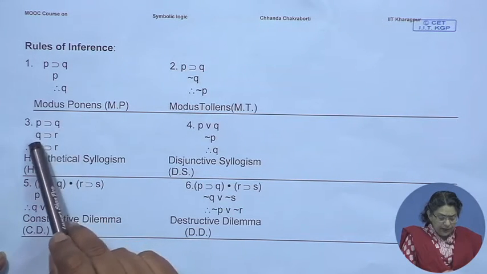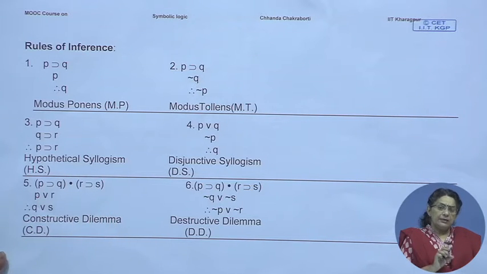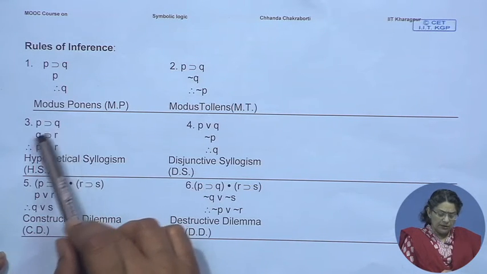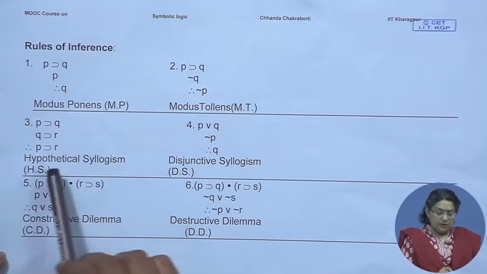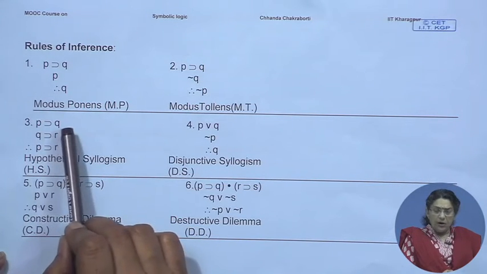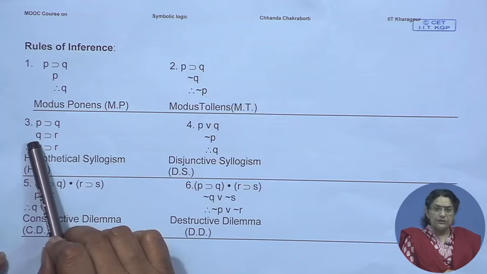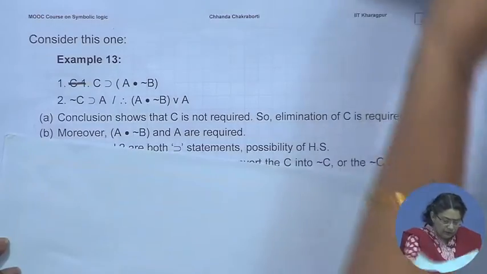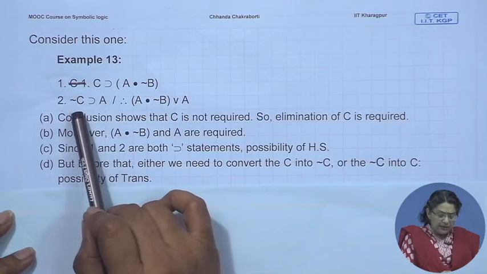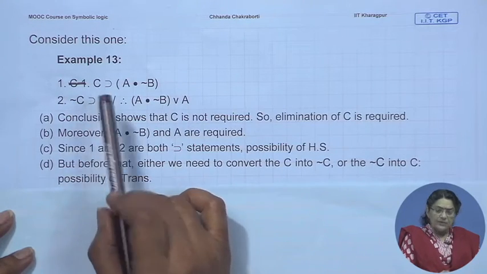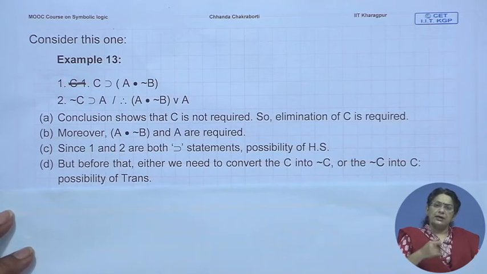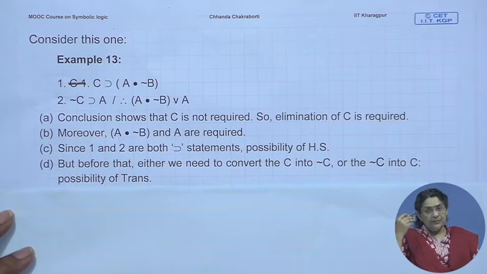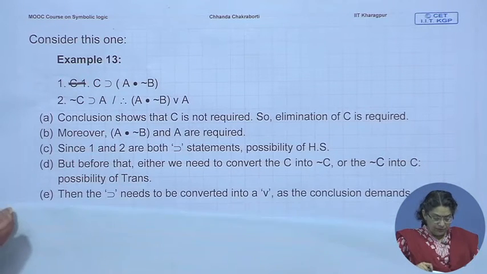It shows that you have to have the Q in the strategic position, so the Q's in the two premises should match, meaning the consequent of the first conditional must exactly match the antecedent of the second conditional. Looking at statements 1 and 2, you have C and you have tilde C, and both are in the antecedent position. So how can we use HS? Some brainstorming is required to change that.